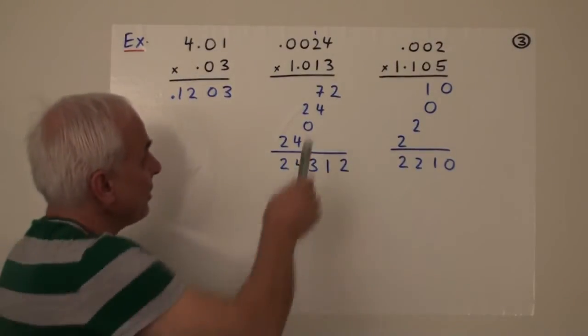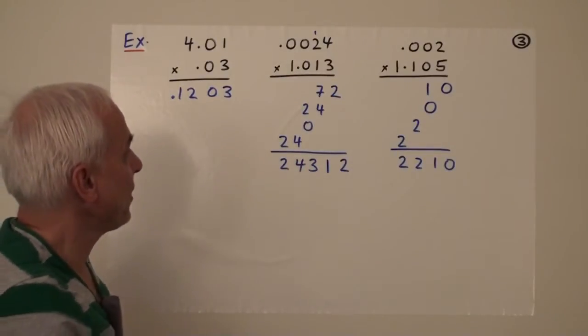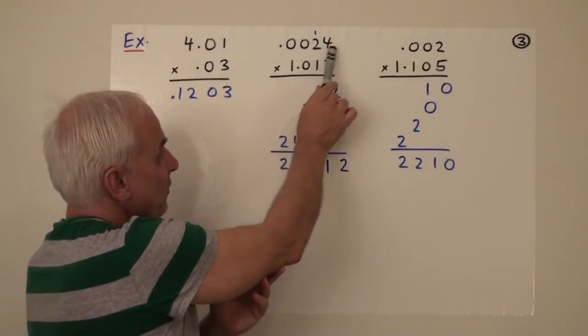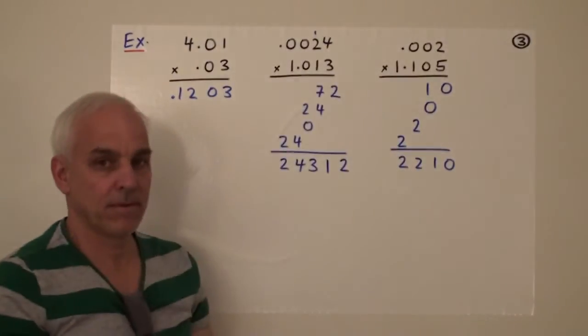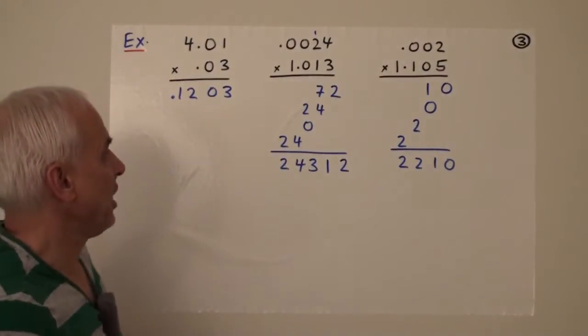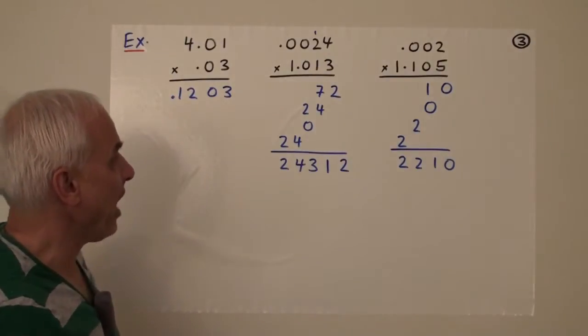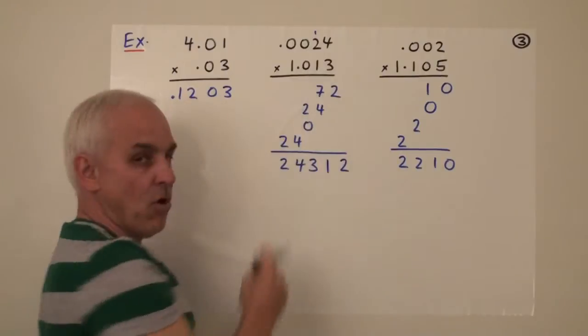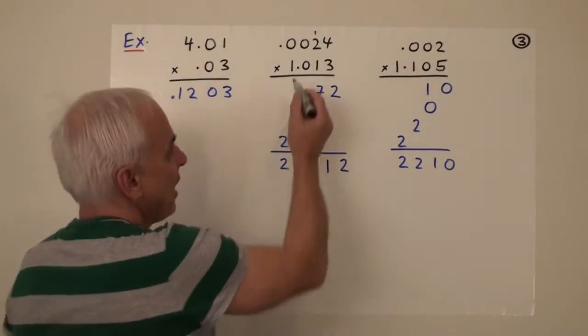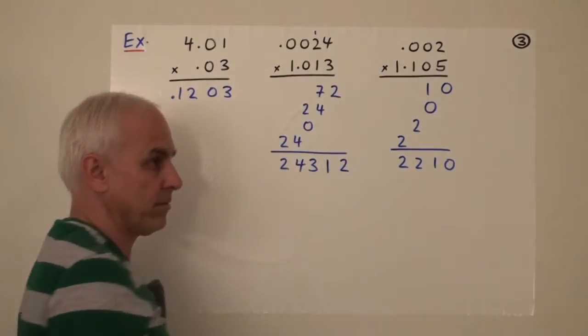How about this example, a bit more complicated? 0.0024 times 1.013. So we're going to ignore the decimals for now and just pretend that this is 24, so those zeros don't matter, times 1013.